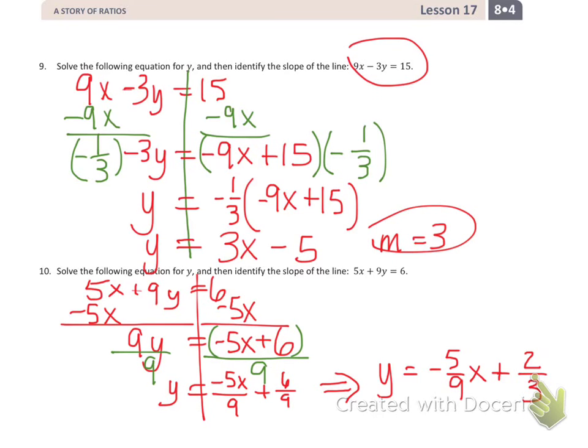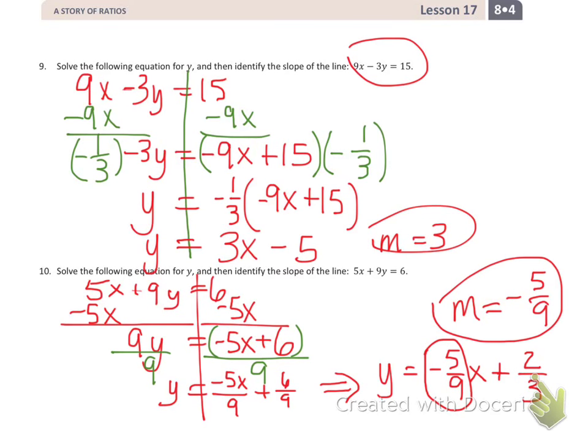And I'm identifying the slope. The slope is right here. M equals negative 5 over 9. Okay, that one might be a little bit tricky because I think sometimes people have trouble recognizing that this negative 5x divided by 9 really has a coefficient of negative 5/9 times x.